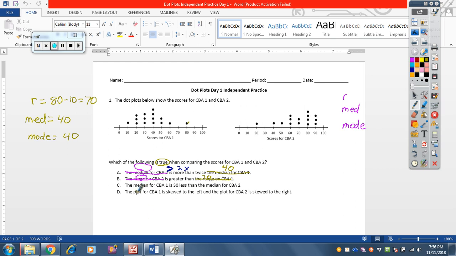True or false? The median for CBA 1, I know is 40, is 30 less than the median for CBA 2. I don't know what the median for CBA 2 is, but you do.